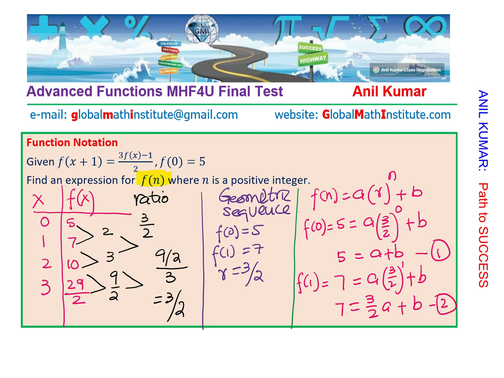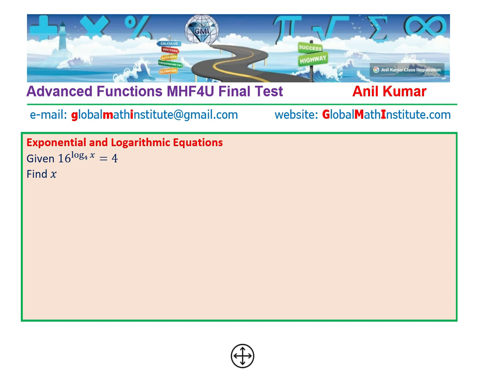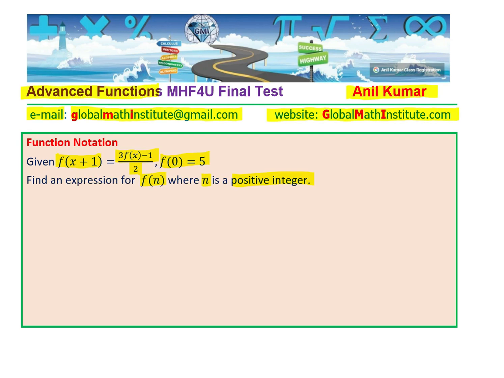So we have two equations with us. One is 5 equals a plus b, and the second is 7 equals 3 by 2 a plus b. Now, from these two equations, we can find the value of both a and b. So, we have the first equation, a plus b equals 5.